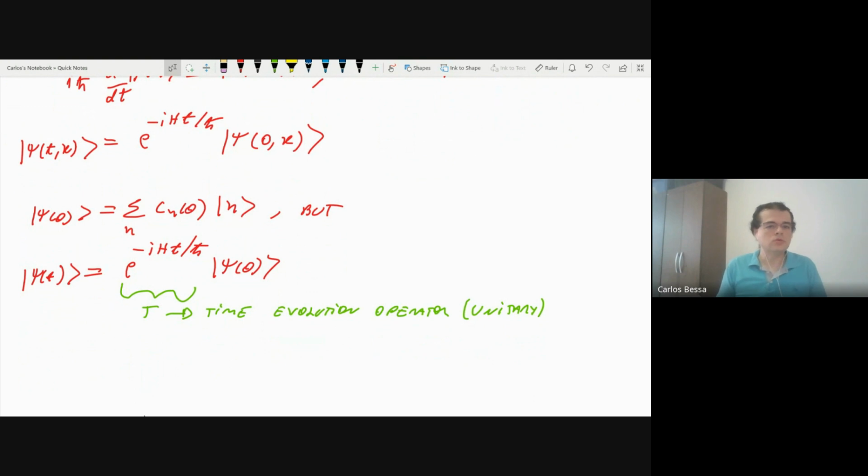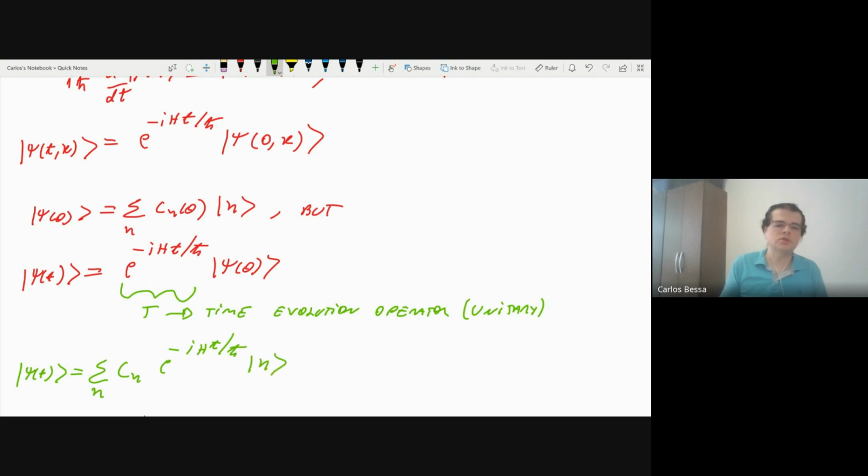So using the things that we found in the quantum mechanical parts, this part here, we will have psi of t would be the sum over n of Cn exponential minus i H t over h bar, psi n.